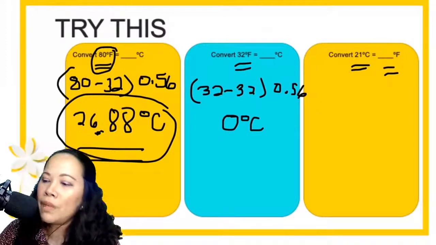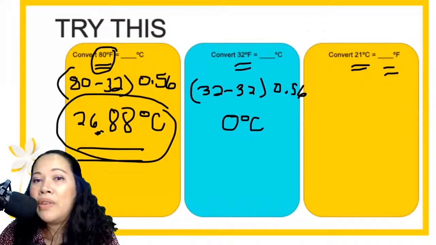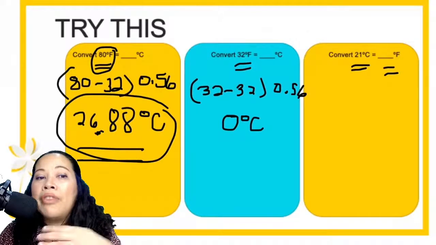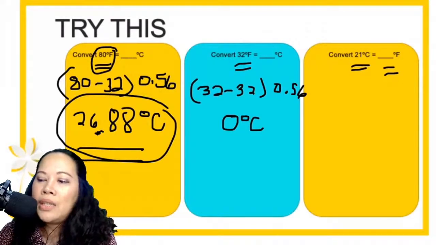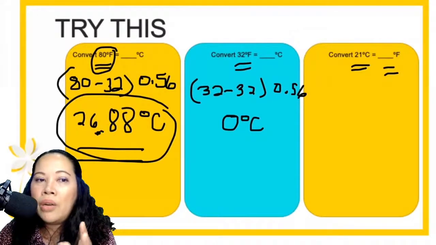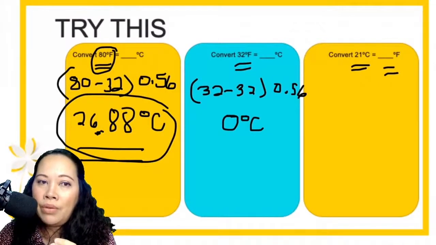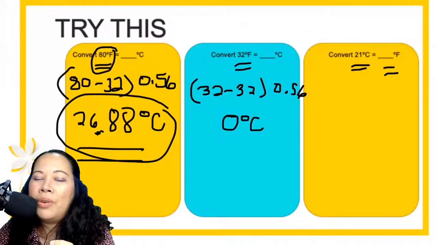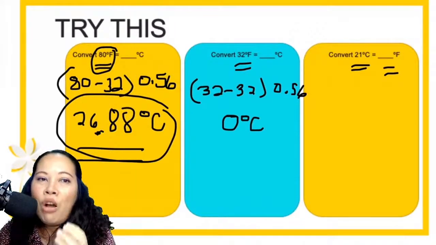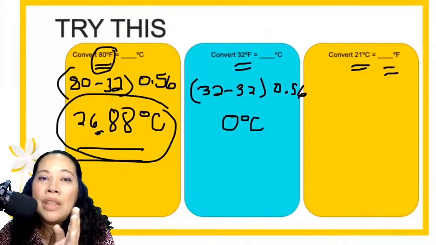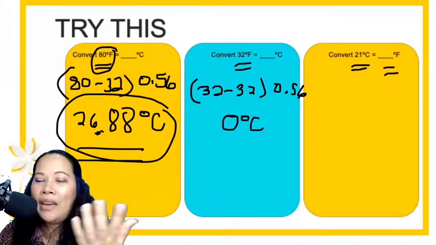Okay? So if I have 21 degrees Celsius, that means my Fahrenheit will be higher. Since the operations in the conversion from Fahrenheit to degrees Celsius are minus and multiplication, for degrees Celsius to Fahrenheit it will be multiplication then addition because it has a higher value.